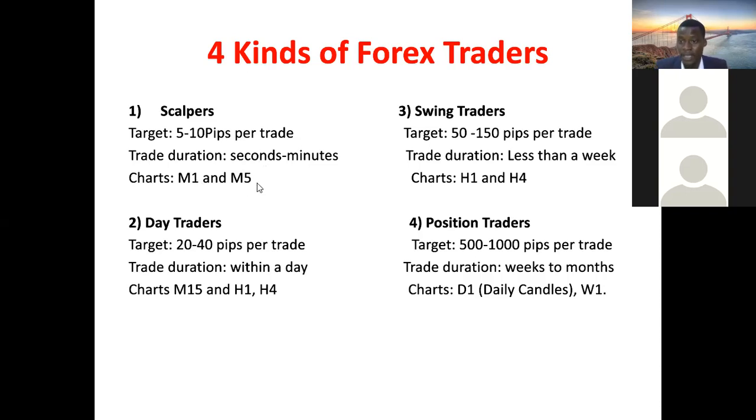So if you're a scalper, you don't have much business with the higher time frame. Higher time frame just gives you the direction, but you come to the lower time frame to pick your trade, and you watch your trade within those minutes, and once you see a change of 5 to 10 pips, you go out, whether it's in your favor or not, because you're a scalper.